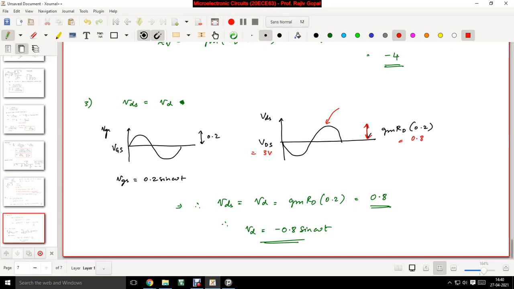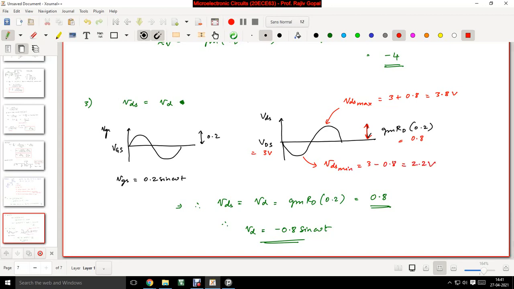Then VDS max will be 3 plus 0.8, which is 3.8 volts. This VDS min is actually 3 minus 0.8, which is 2.2 volts.